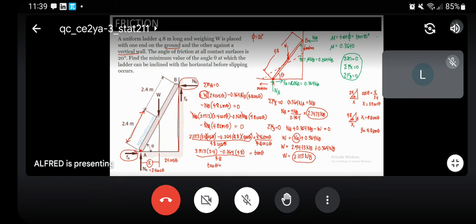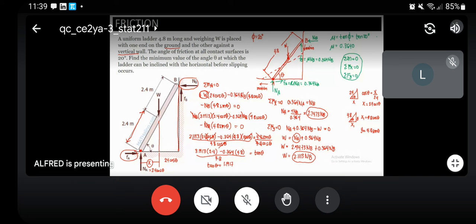So tangent of theta is equal to 3.1113 times 2.4 minus 0.364 times 4.8 divided by or all over 4.8. So that's 1.1917.